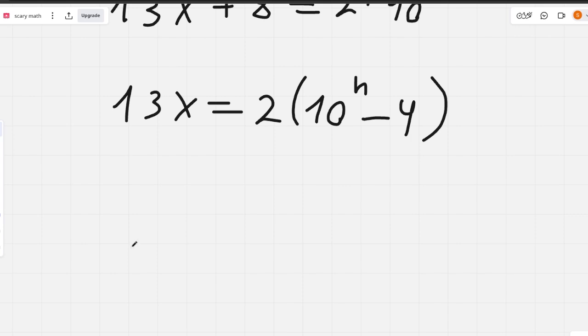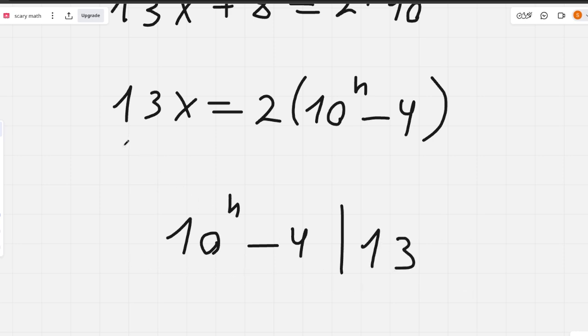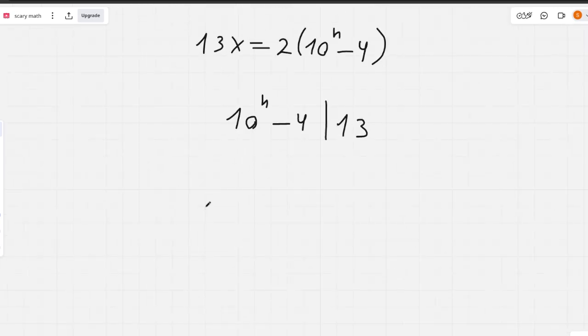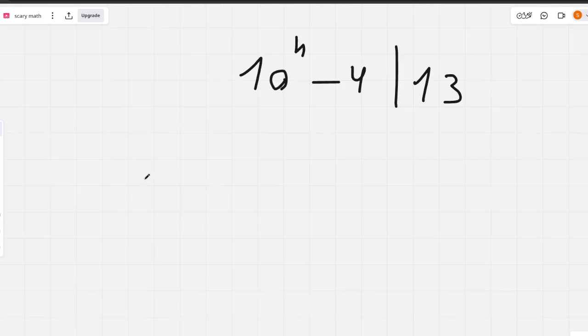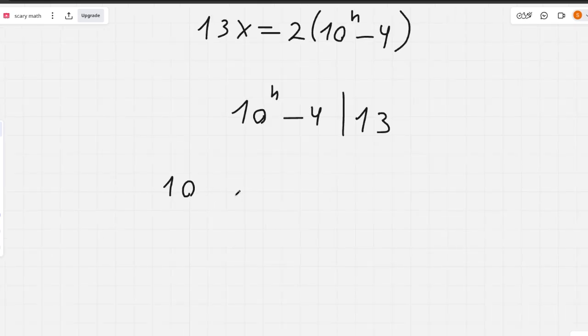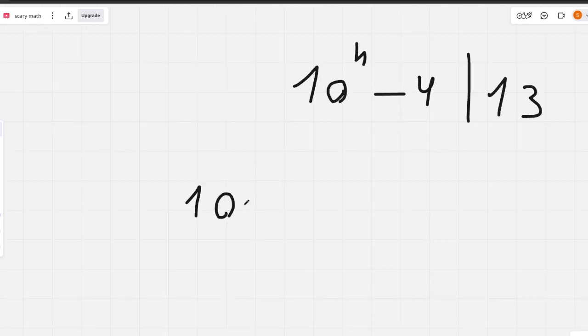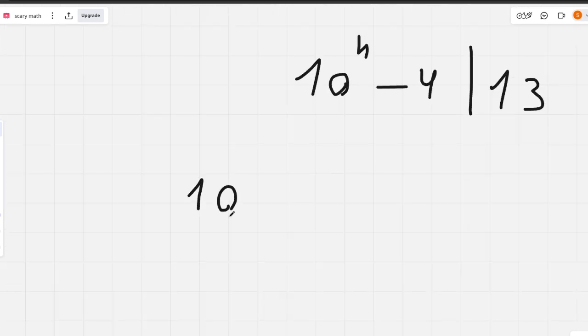So what we're gonna do is say that 10 to the power of n minus 4 has to be a multiple of 13. Otherwise, stuff is not gonna match up nicely. And I'm gonna find the remainders for the exponents here. So we have 10, and since we start with 10, the remainder when we divide by 13 is nothing changes.